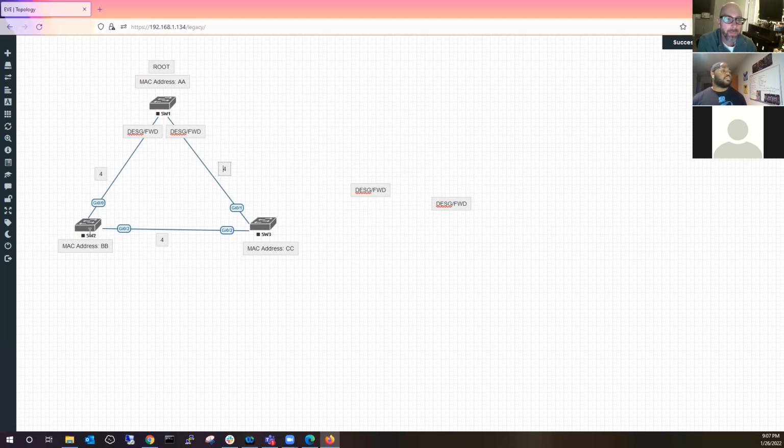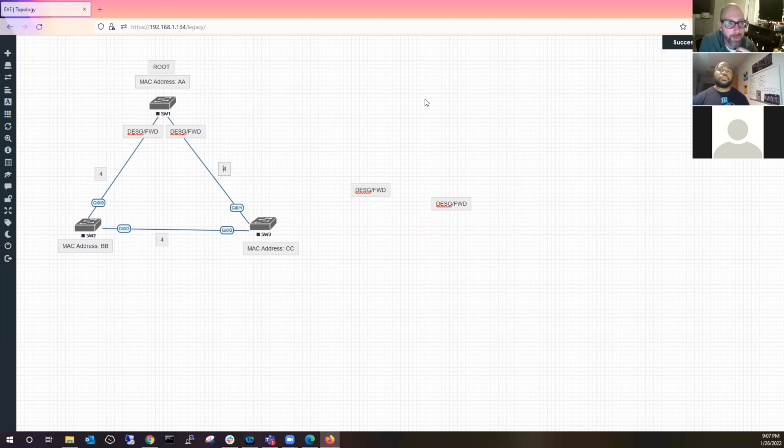For your redundant topology, why can't we choose this link? Let's see. Are we talking about the link between switch 2 and switch 3? Yep, to make it a root port, in comparison to the link from switch 2 to switch 1.